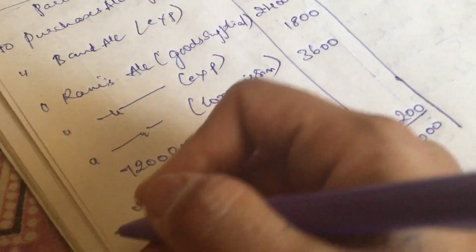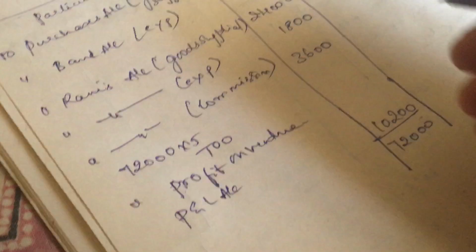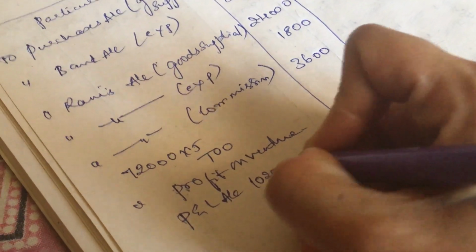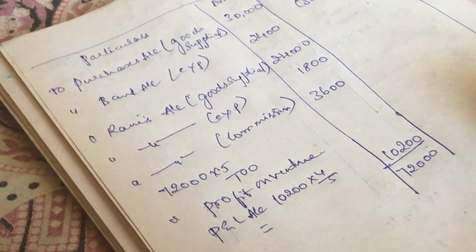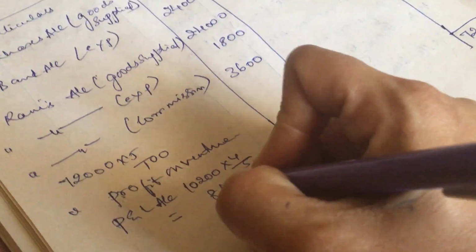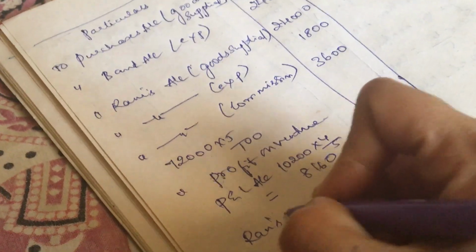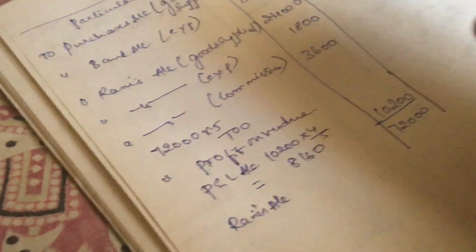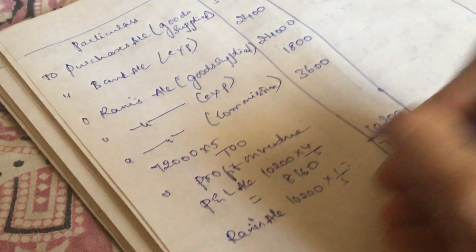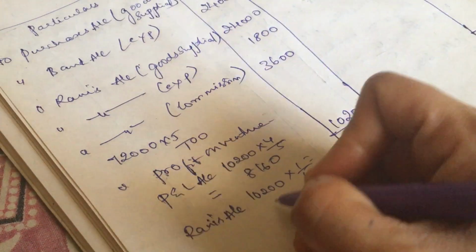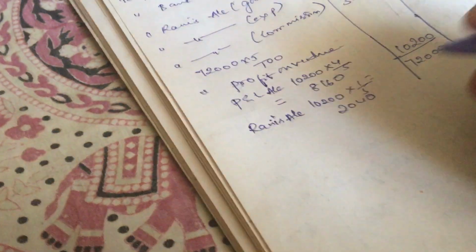So for Raja it would be the P&L account, 10,200 into 4/5, that will come up to 8,160, and for Rani's account it would be 10,200 into 1/5, that will come up to 2,040.